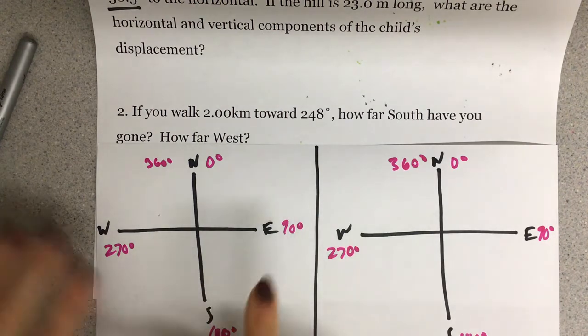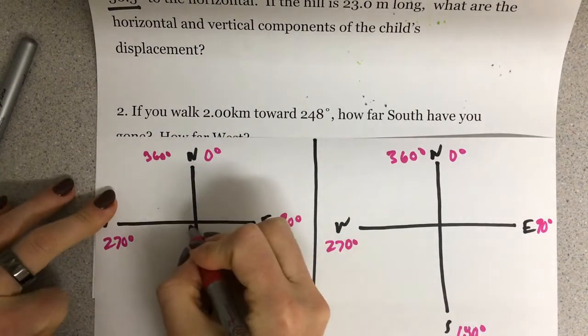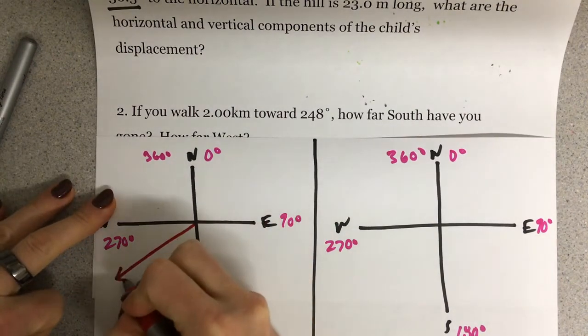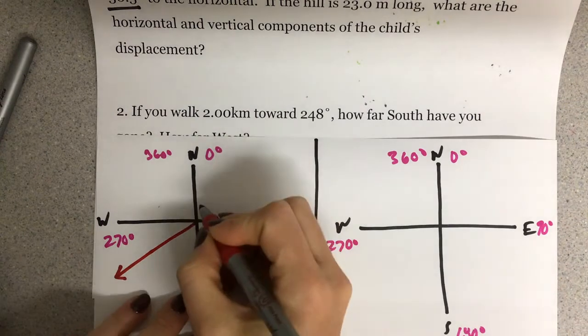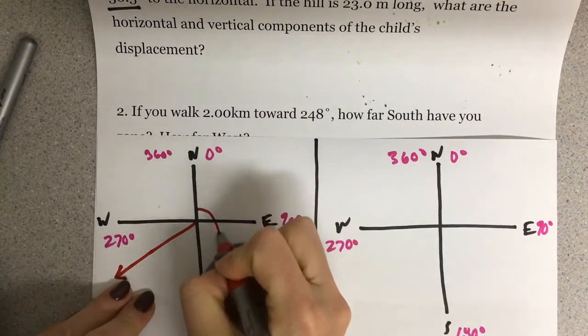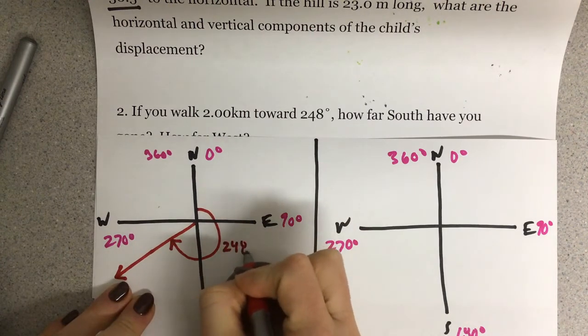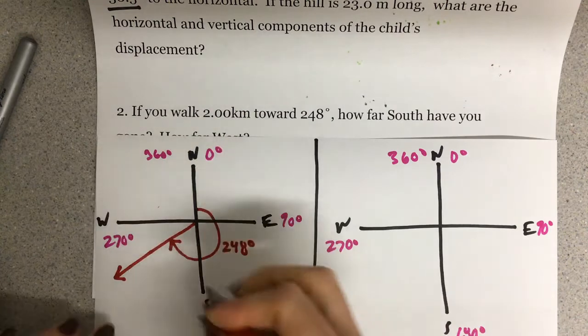First predict. 248 is going to be in between these two. I don't really know exactly where yet. I'm going to do some math to figure it out, but I'm just going to draw it in. This is 248 degrees, and I walked 2 kilometers.